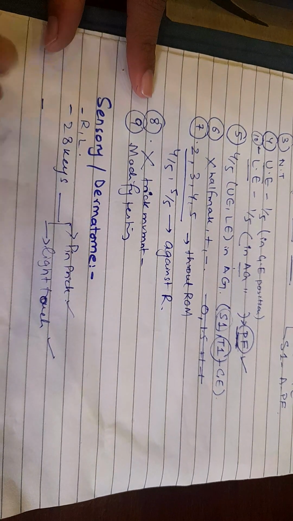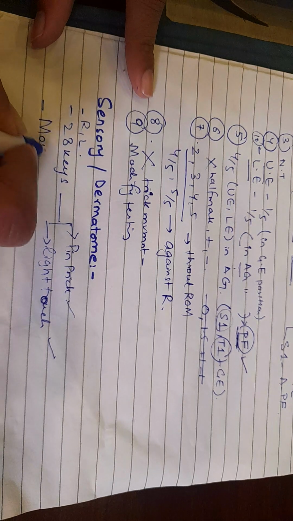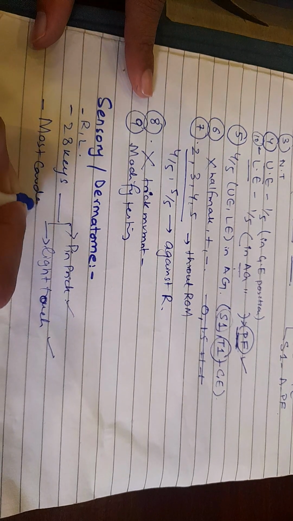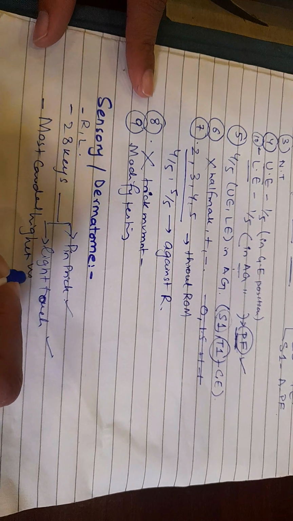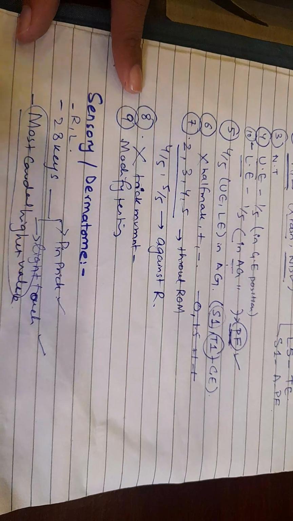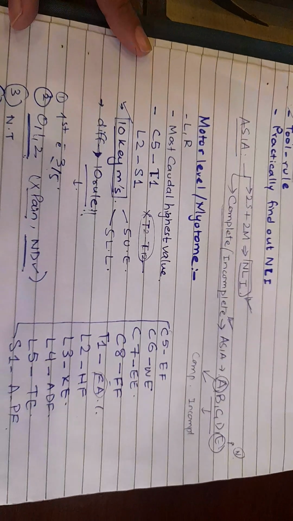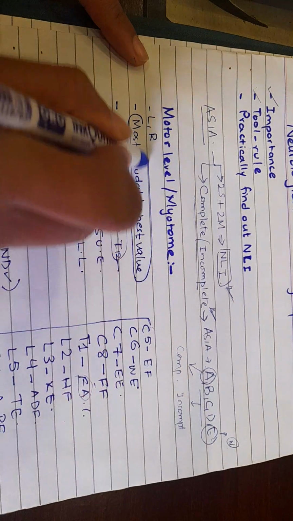And then the third important rule is that you have to pick out the most caudal highest value, as it was true in the motor level. So this is a very important thing. Later on I will tell you the importance of it. So here most caudal highest value, and there as well we were picking out the most caudal highest value.